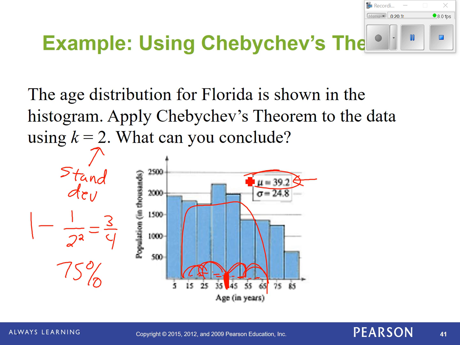Now, what we can conclude from that is we can actually get the age, since we know the standard deviation, which is right here, our sigma. We can conclude that 75% of the people that live in Florida are between one age and another age.